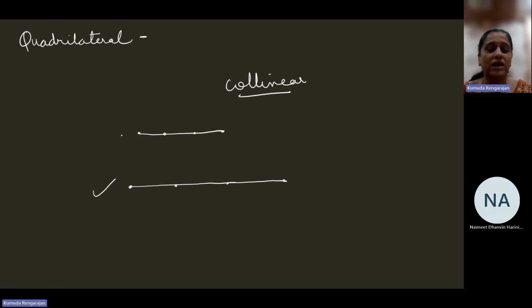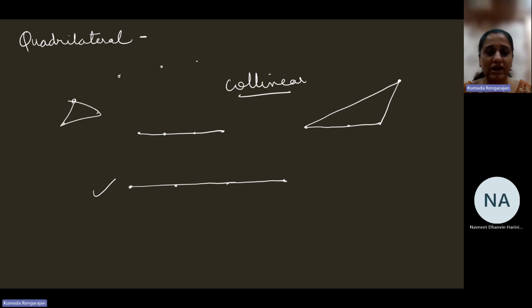So now I'll just try to put 1 point away. Now I'm happy. I'm going to form the quadrilateral now. So I join. No, I'm disappointed again. I'm not getting a quadrilateral. It's a triangle. But for a triangle, we need 3 points only.